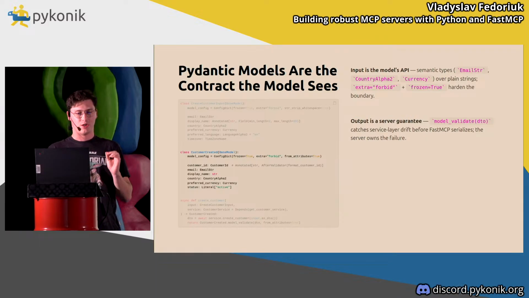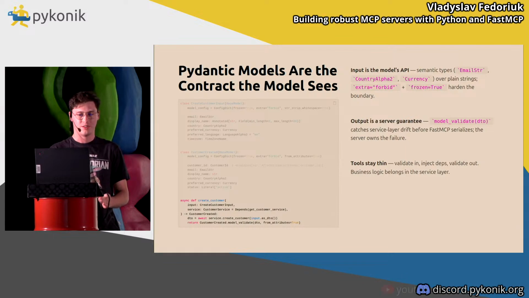But what's the most important, to my mind, is that you're responsible for returning valid data. If you do not do that, FastMCP allows you to declare output schemas, but what it does is accept any object you return, use that schema, and if the validation fails, just return some validation errors to the model.